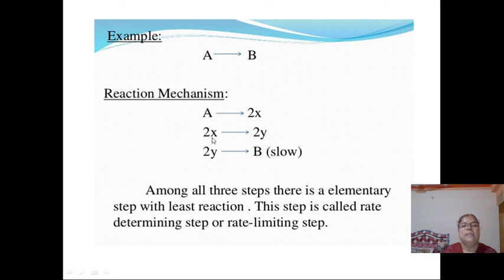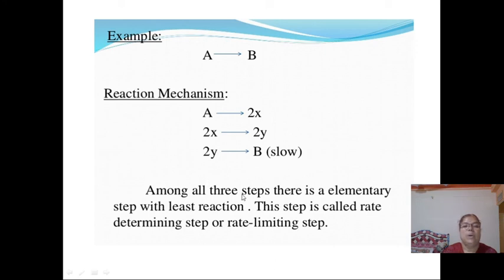In the second step 2x reacts to form 2y, and in the third step this 2y gives B, and suppose this is the rate determining step or slow step. In this case the slow step is the rate determining step.